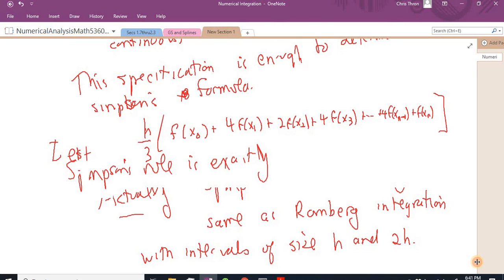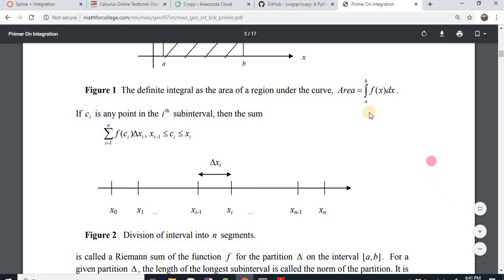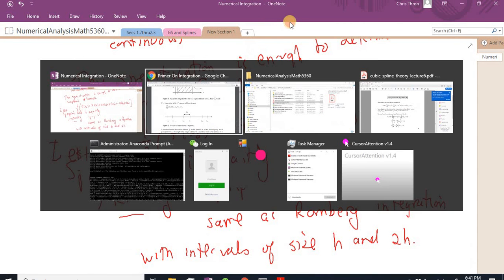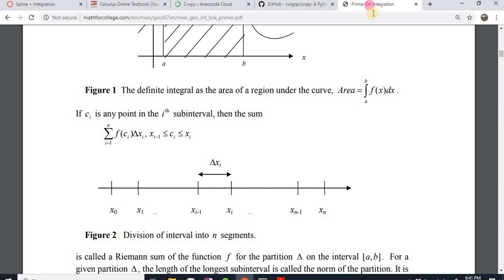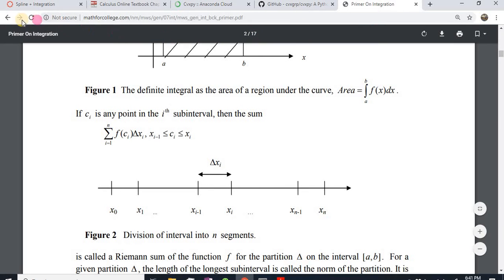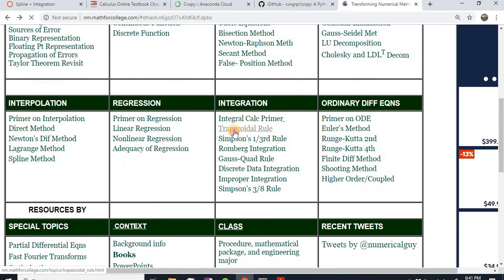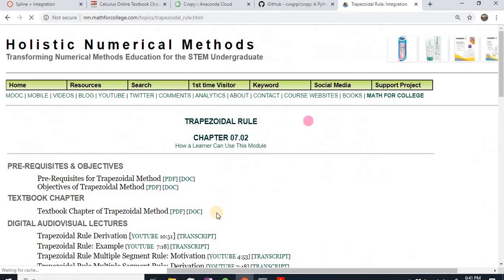So just to correlate what I said with what is in the book: I talked about Romberg. The next section is trapezoid, and he gives four different derivations of trapezoid.